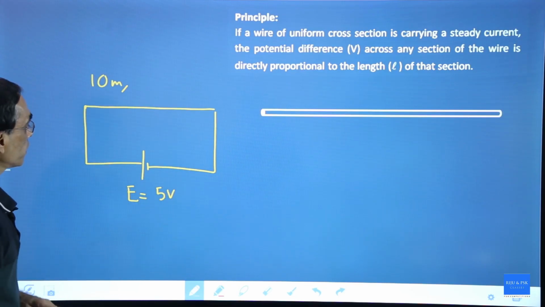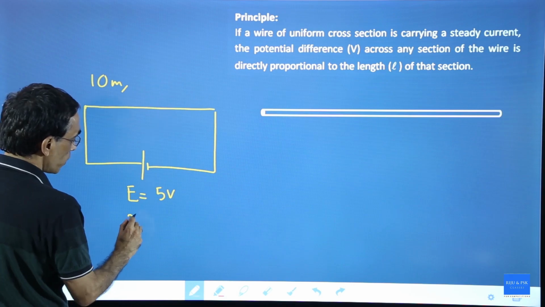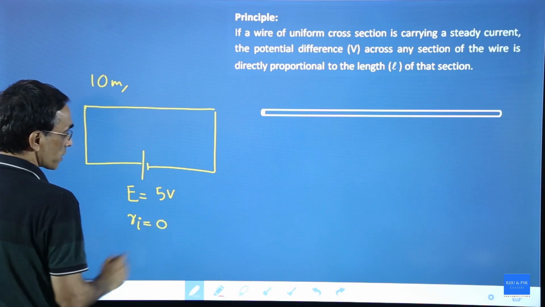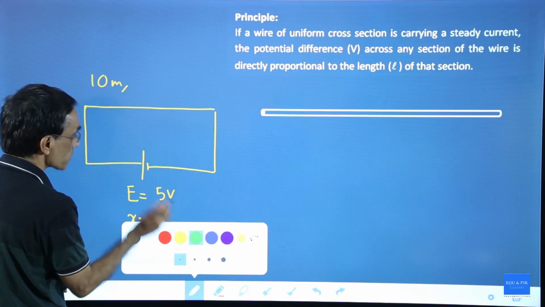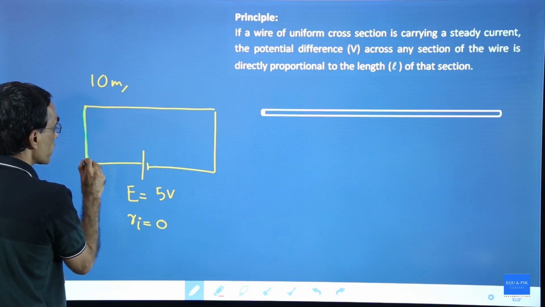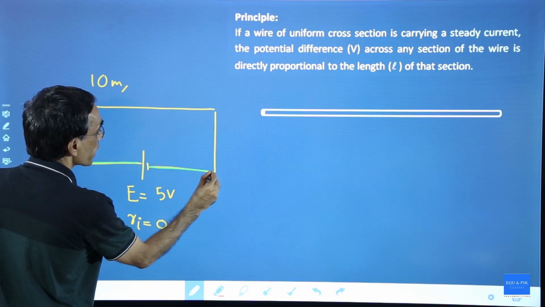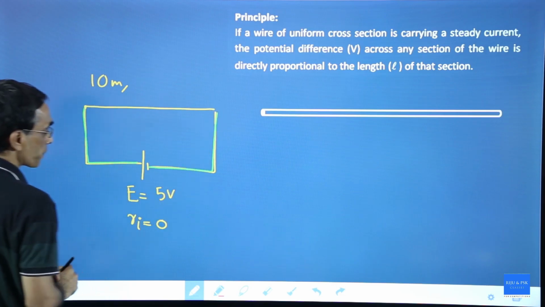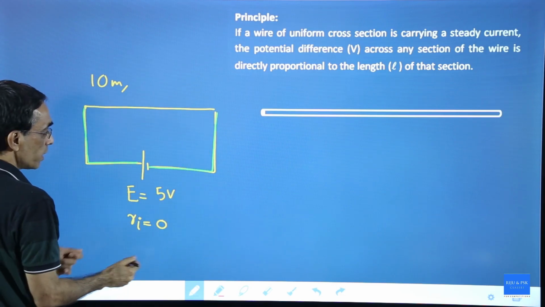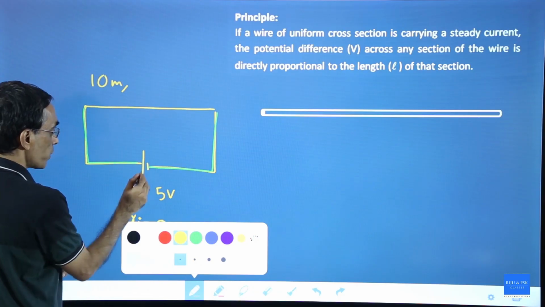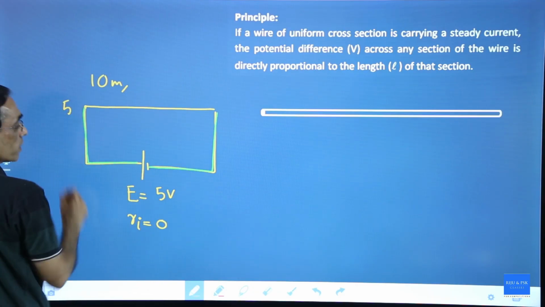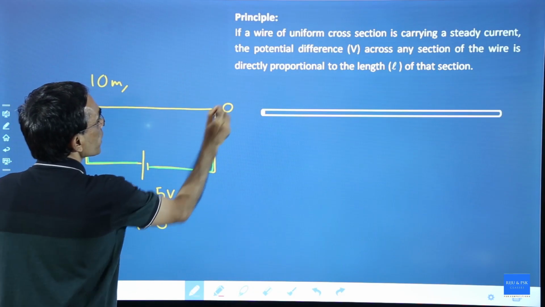This cell has no internal resistance, and these are connecting wires, they have no resistance. Therefore, the potential 5 will appear here and potential 0 will appear here.